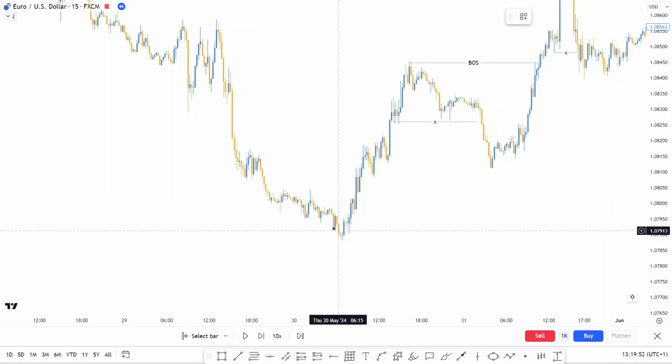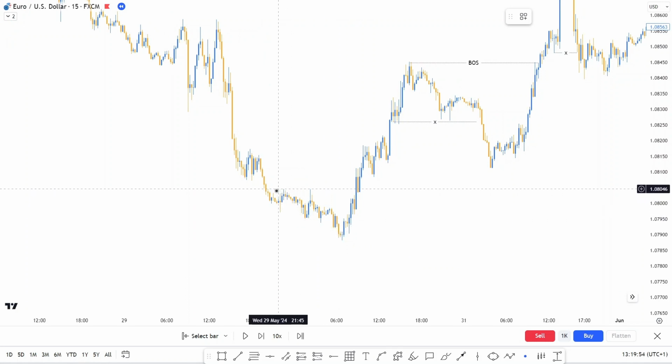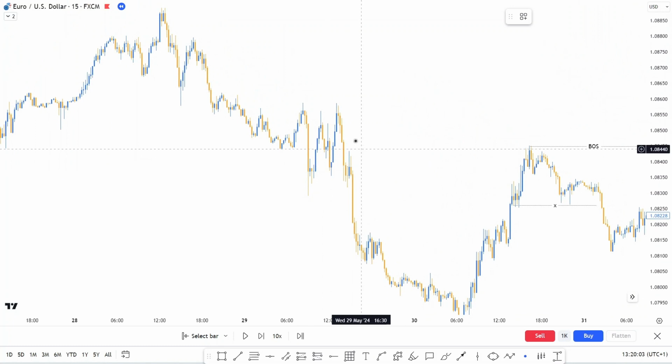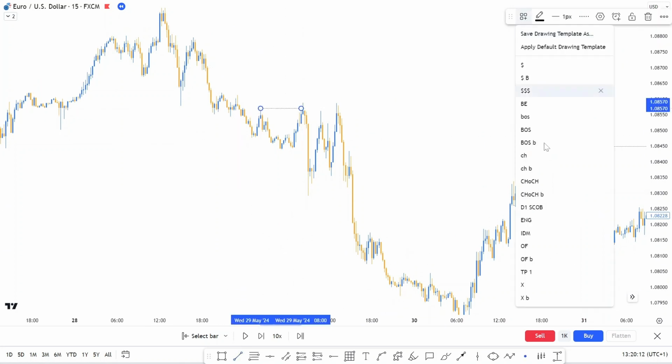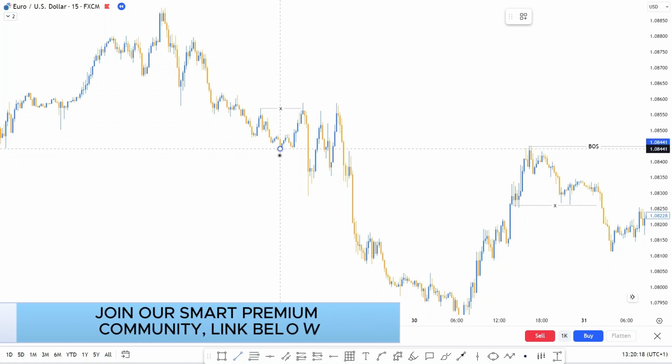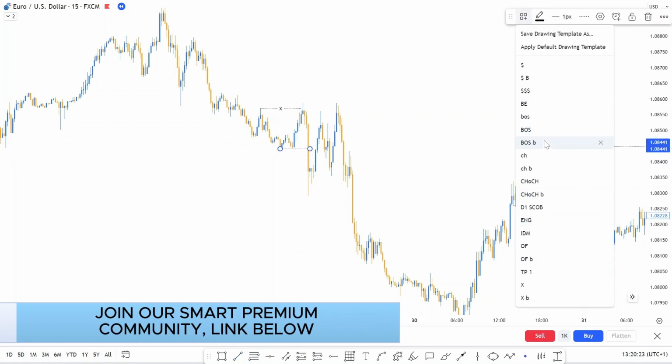And we see there is no valid change of character here, so you have to go back in time and keep looking for the latest change of character. We see here that the market has taken out inducement. This one here is the sweep of inducement. When the market pushes downside to break this level, this is our valid break of structure, our latest break of structure.